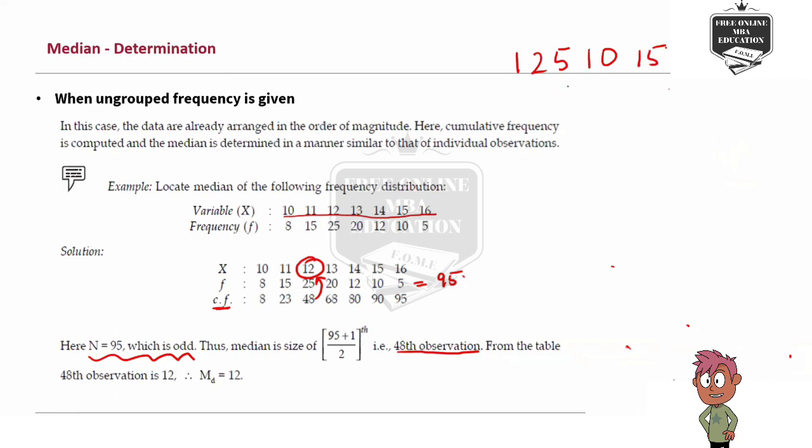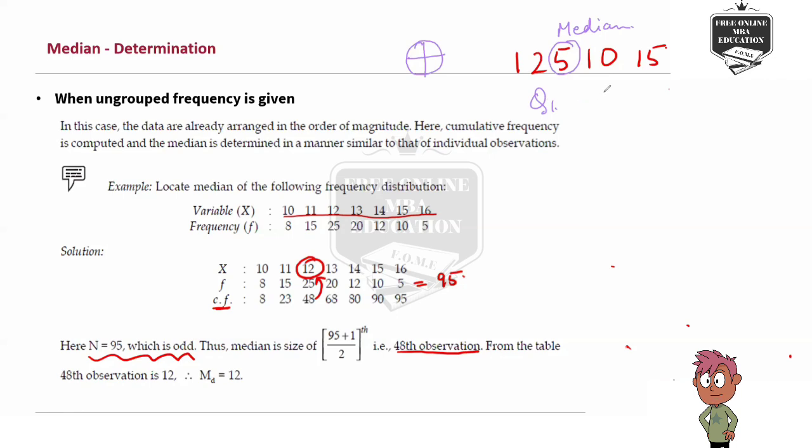In this case, my middle value was my median. Now, what would be my quartiles? Quartile means when you are dividing something into 4 equal parts, divided by 4. So that's called quartile.